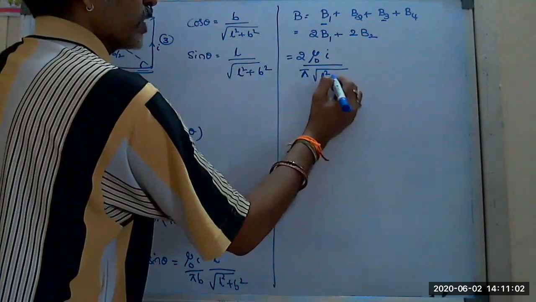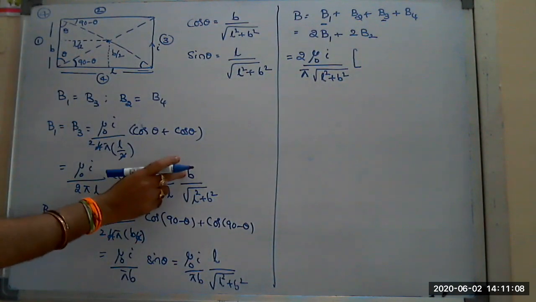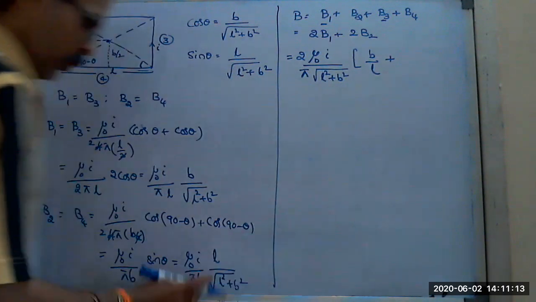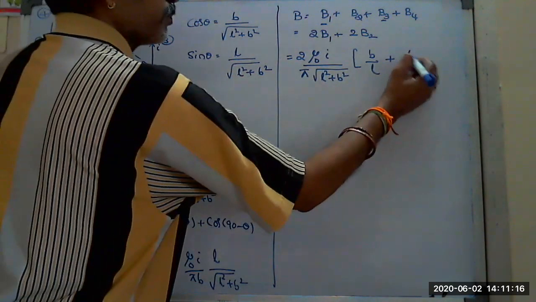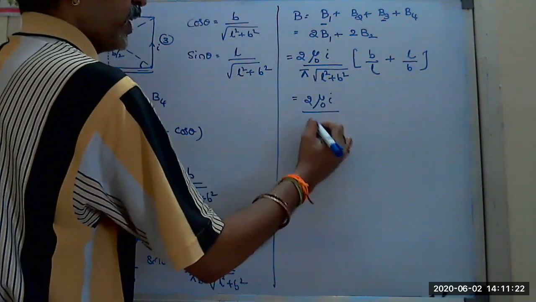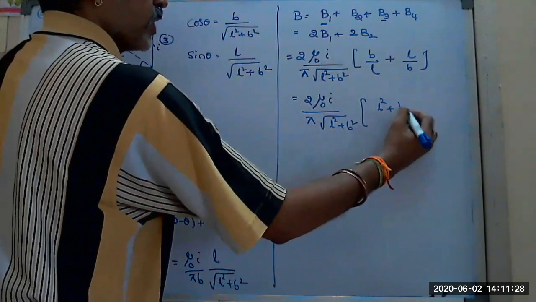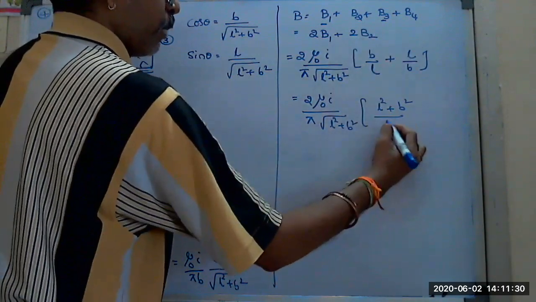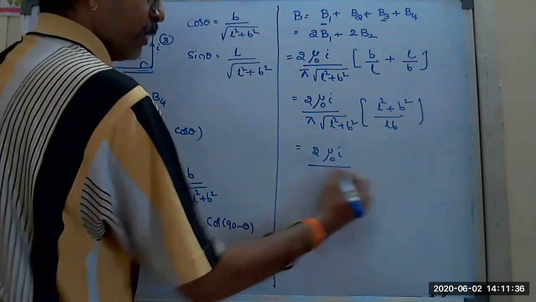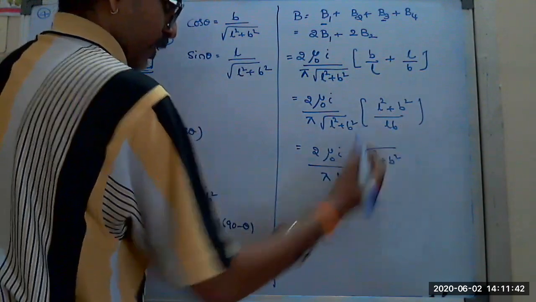Root of L square plus B square into, in B1 the leftover term is B by L, plus in B2 the leftover term is L by B. So after taking LCM, you will get 2 times 2 mu naught I by pi into root of L square plus B square into L square plus B square by LB. If you cancel one term here, you will get 2 mu naught I by pi LB, after cancelling root of L square plus B square.